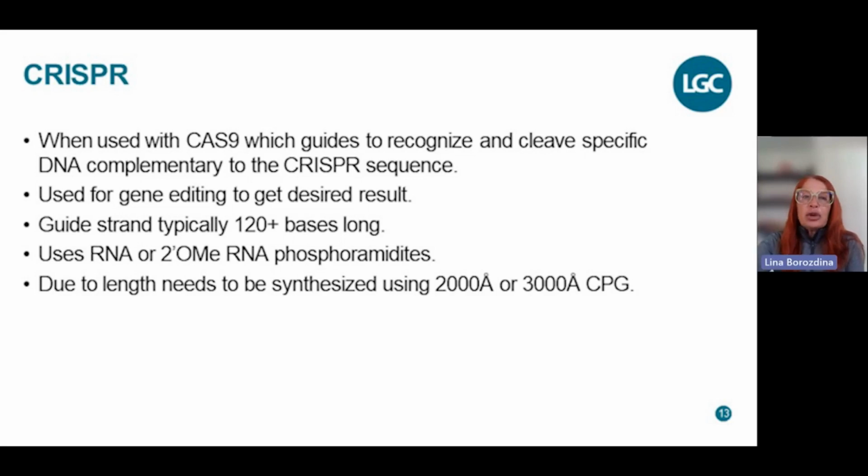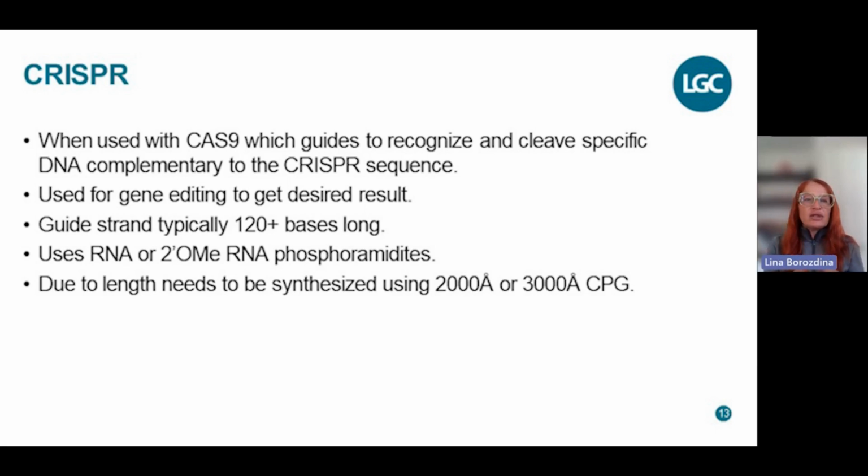CRISPR is used with Cas9, which guides to recognize and cleave specific DNA complementary to the CRISPR sequence, used for gene editing to get the desired result. So if you have a genetic mutation, it could be fixed using this technique. Guide strands are usually about 120 bases long, which is not an easy synthesis. There are some tricks and tips for that.